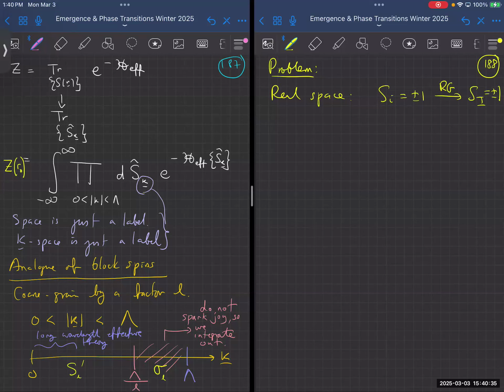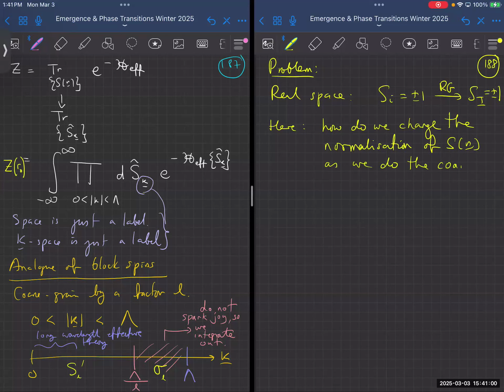And we did that by carefully constructing our projection operator. So what's going to happen here? How do we change the normalization of S of R as we do this process, as we do the coarse graining? So we're going to have to renormalize the magnitude of the spin variable.